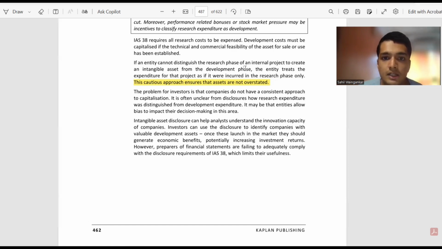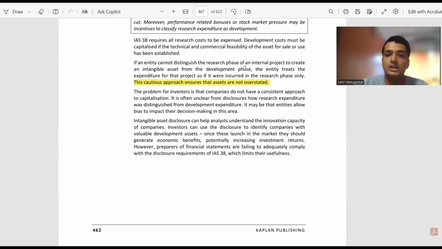It is often unclear from disclosures how research expenditure was distinguished from development expenditure. It may be that entities allow bias to impact their decision making in this area. Intangible asset disclosure can help analysts understand the innovation capacity of companies.